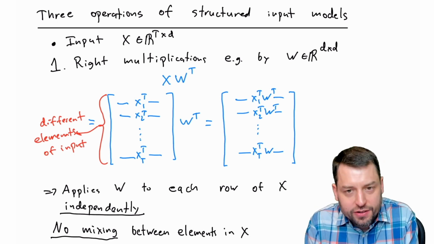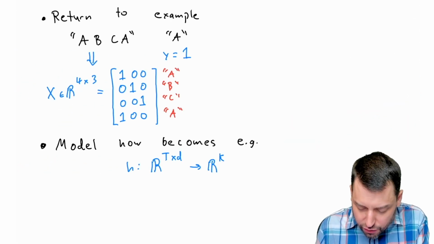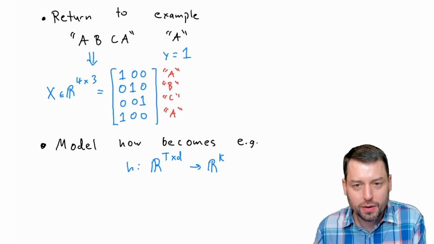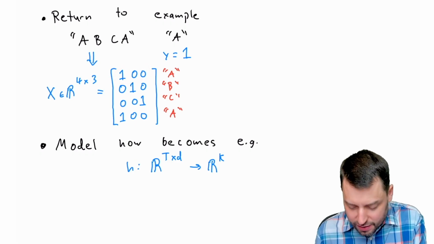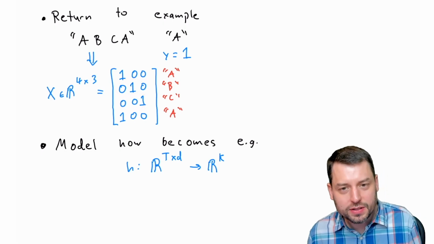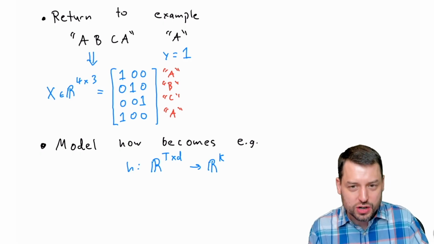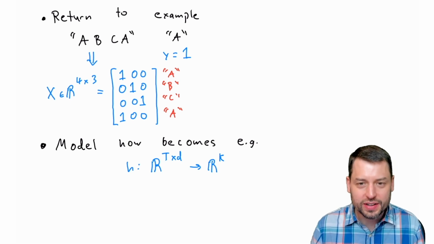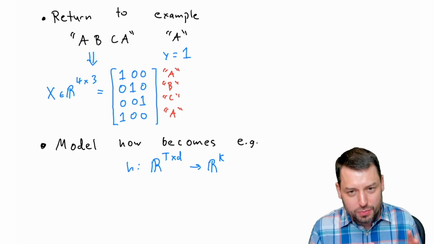This is obviously not sufficient for things like text prediction, because if you just multiply this matrix by a matrix on the right, you're applying a bunch of matrices to this element, this element, and this element independently. That is like trying to predict the next word using each word independently, not using any structure or any coordination among the words. You're just treating each word as an independent element, and that's not a very good way of predicting these things.